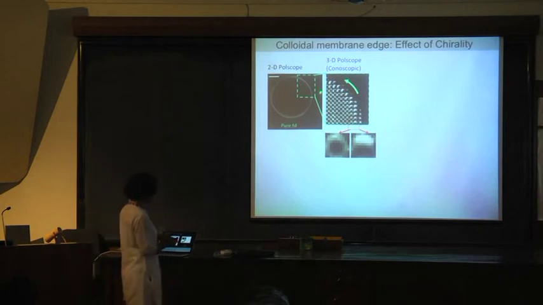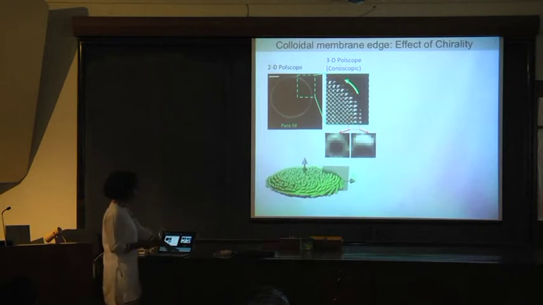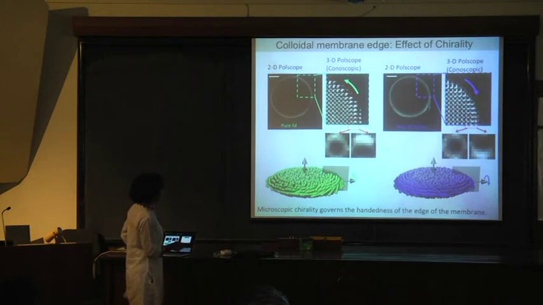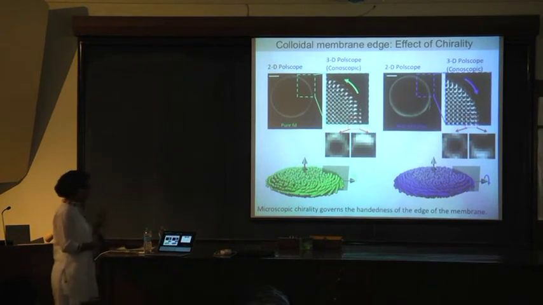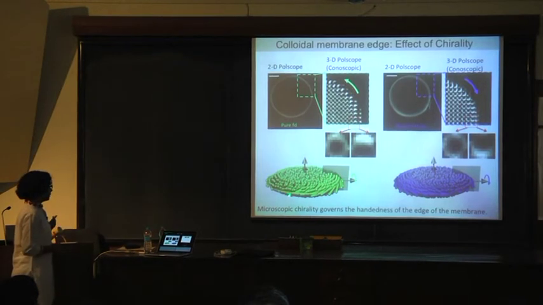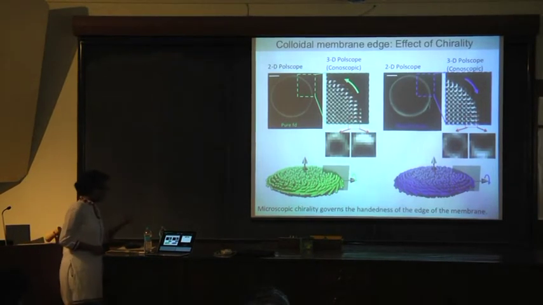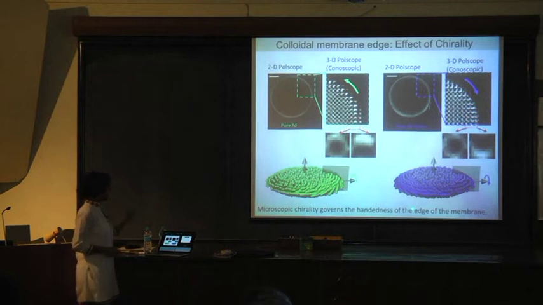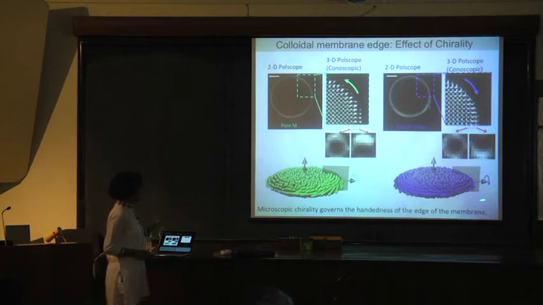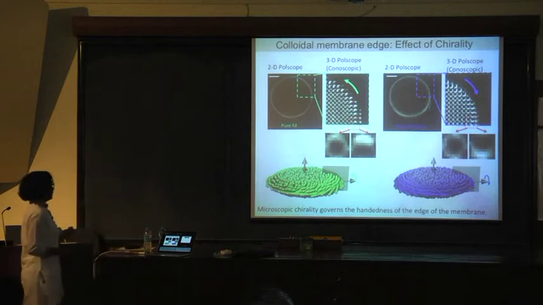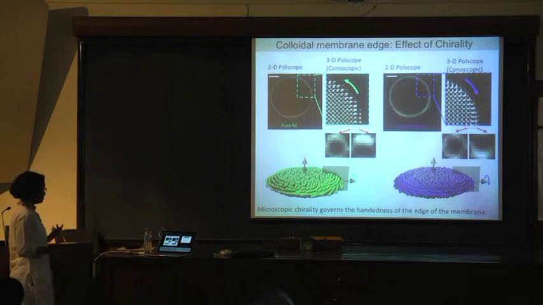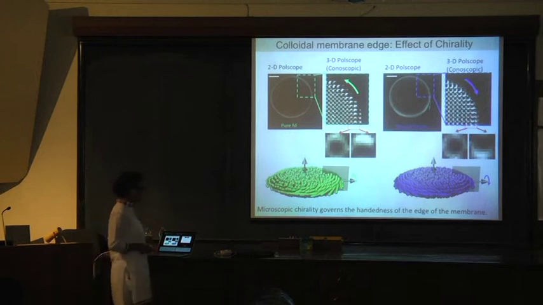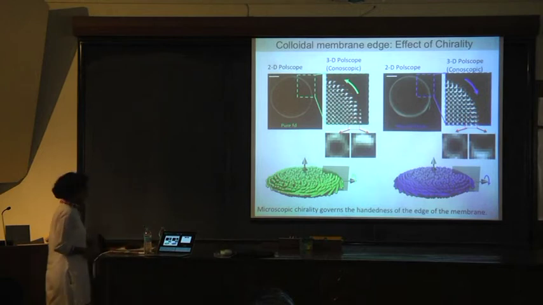If you do the same imaging for the opposite-handed virus, what you would find is that now this is exactly 180-degree flipped. And so what this tells us is that the microscopic chirality of the rods governs the macroscopic chirality observed at the edges of the membrane. So a left-handed virus gives a left-handed membrane, and a right-handed virus gives a right-handed membrane edge.